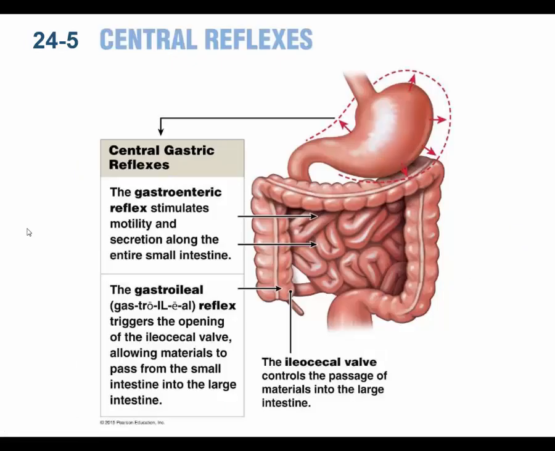Now, do not confuse the enterogastric reflex with this reflex, the gastroenteric reflex, because here's what happens. The gastroenteric reflex is from stomach to intestine. When the stomach stretches, to this dotted line, it sends signals out to the intestines and says move the food along.